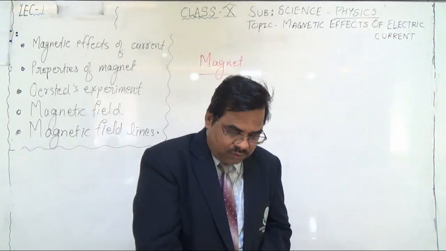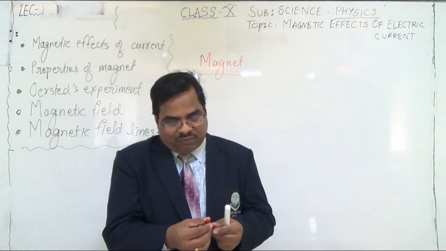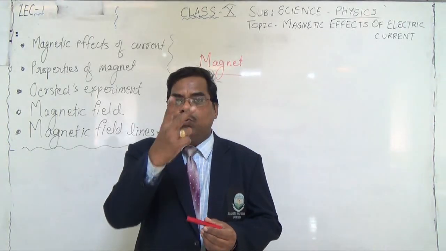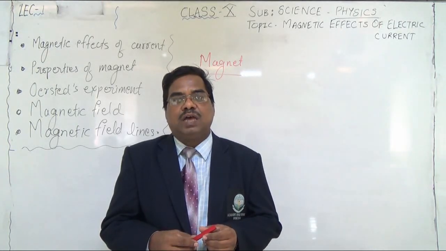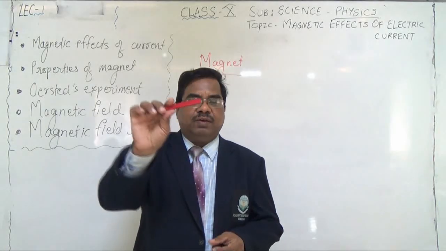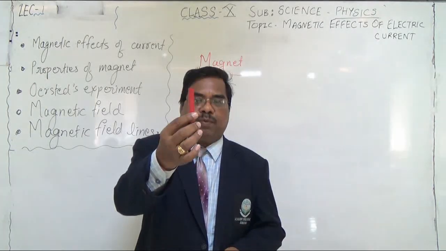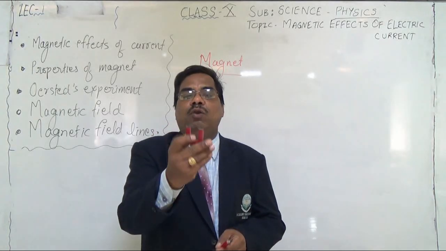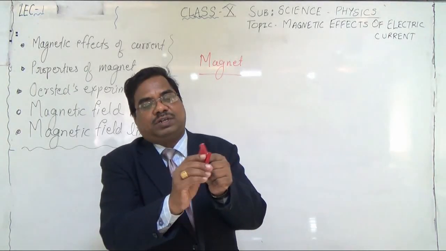Okay, so one information for you: in a magnet there are always two poles, north and south. How to identify where the north pole of a bar magnet or of a U-shaped magnet is? Look for the white dot.